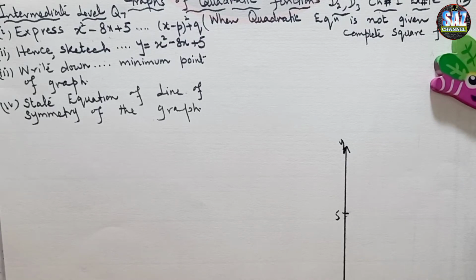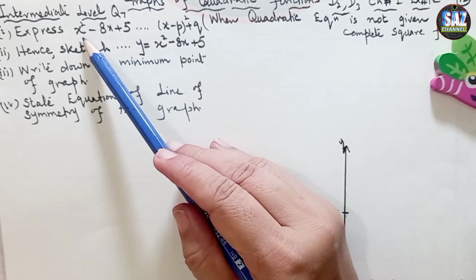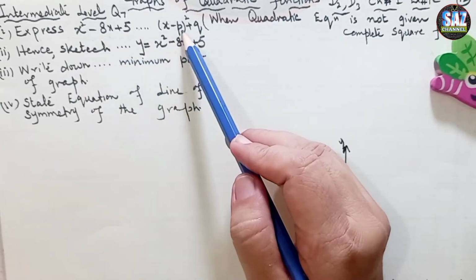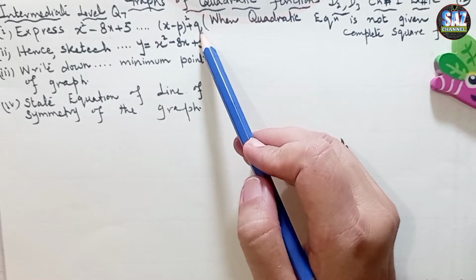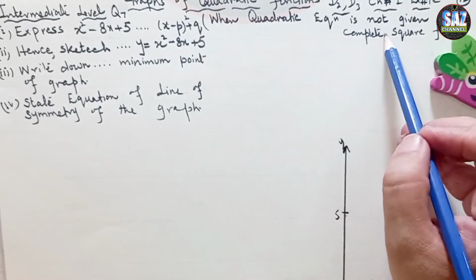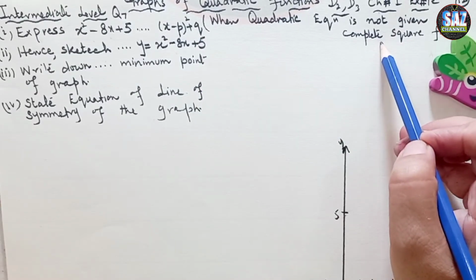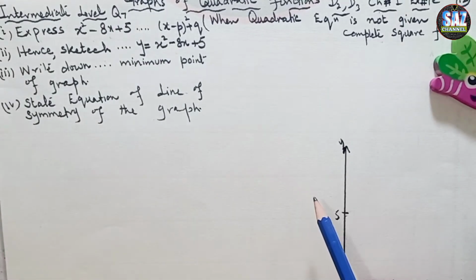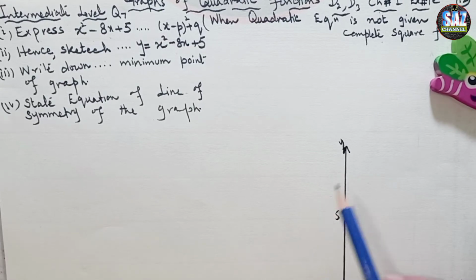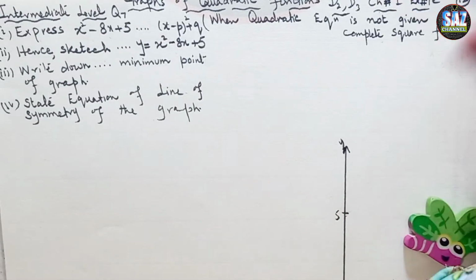You can see that the question says that we have to express this given expression in x minus p whole square plus q. That means that the quadratic equation is not given in the complete square form. So for better understanding of this lesson, my students should have a good command on how to express the given quadratic expression in complete square form.